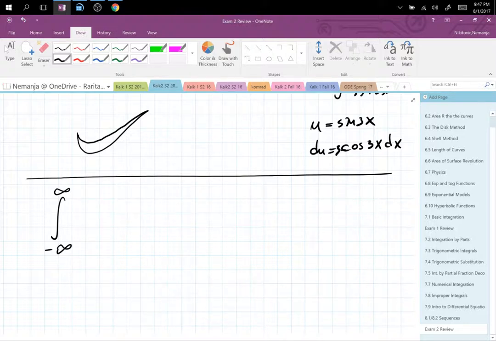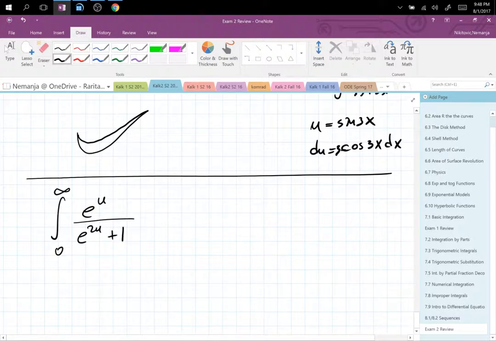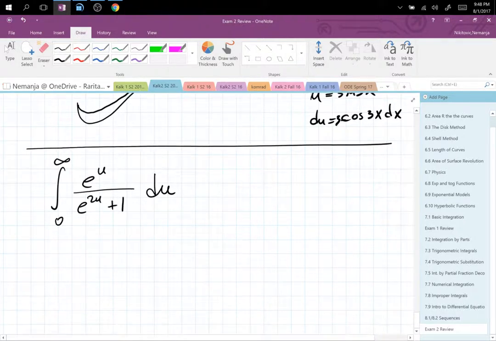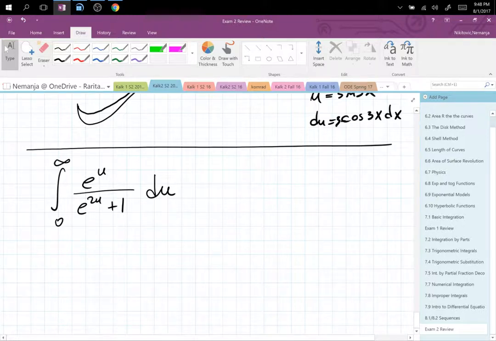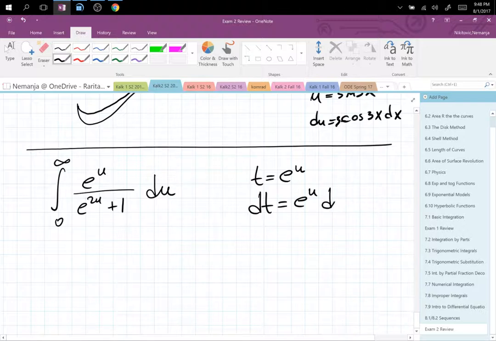What was this one? 0 to infinity, e to the u divided by e to the 2u plus 1. This is your favorite, arctangent. We use the t substitution, and then dt is e to the u du.